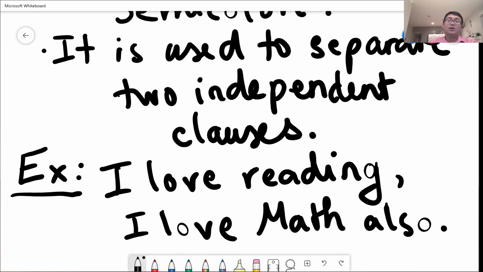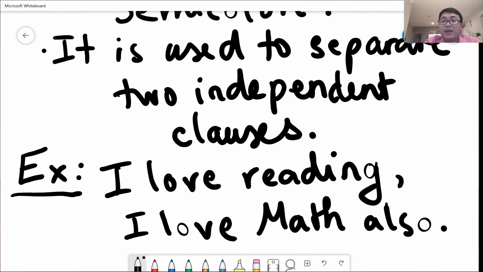Now, what should we use? A comma or a semicolon? Let's read this first sentence. I love reading. Is that an independent clause? The answer is yes, because it completes a thought. The thought is, I love reading. Well, the second one, I love math also. Is that an independent clause? Yes, because it can stand on its own.